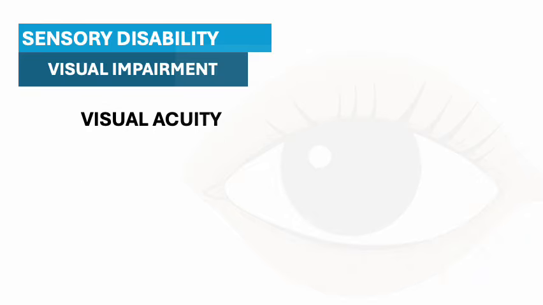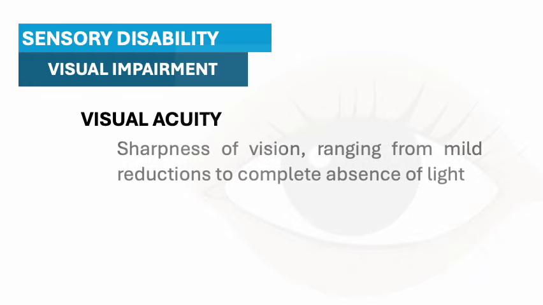When we get a bit more clinical, blindness and low vision are often described using visual acuity. Visual acuity means sharpness of vision, ranging from mild reductions to complete absence of light. So this measures how sharp or clear someone's vision is.